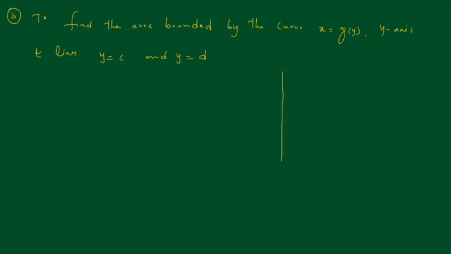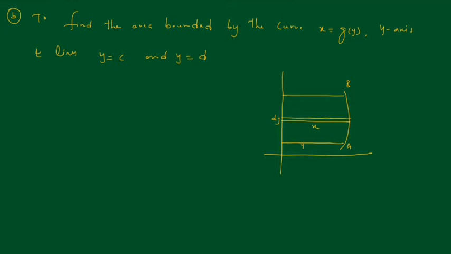So let's see. The curve is like this now, right? Here we have point A and point B. Next we have to connect this. Here we are taking the strip. The strip is dy, and this strip is horizontal, taking x.